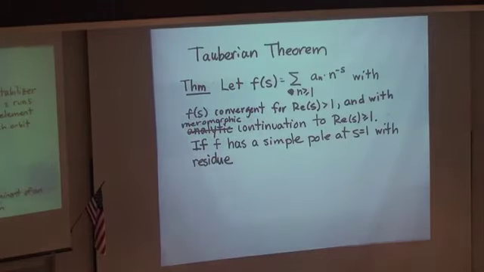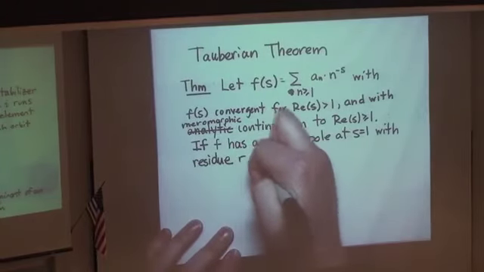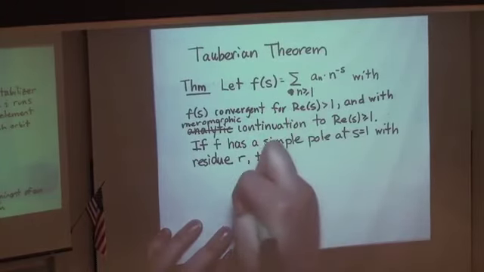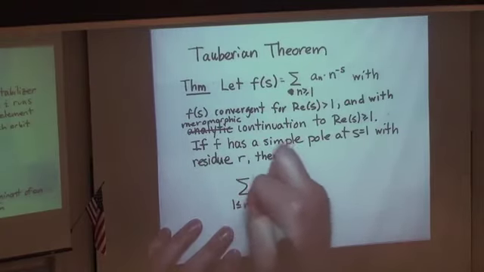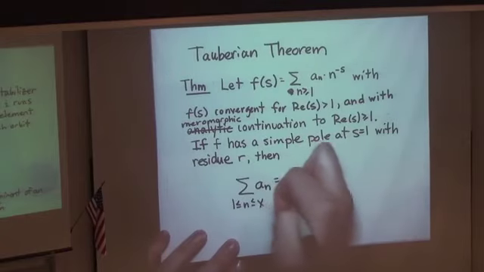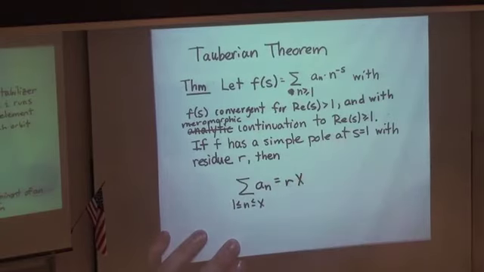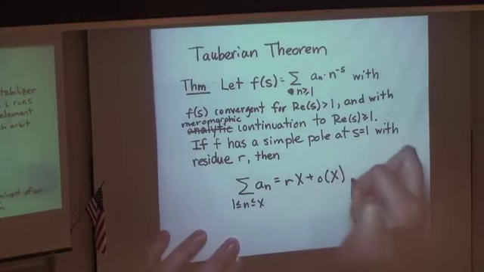So if F has a simple pole at s equals 1 with residue r, then, okay, here's the sort of magic. It tells us that these partial sums of the coefficients are like r times x.